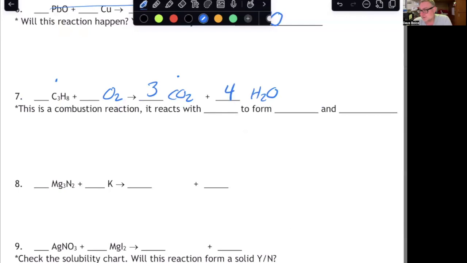O2, I can do whatever I want to that. So let's find out how much oxygen there is altogether. In my CO2, 3 times 2 is 6 oxygens, plus 4 in the water. So 10. I'm going to put a 5 here because 5 times 2 is 10. And I am good to go. These are my coefficients.